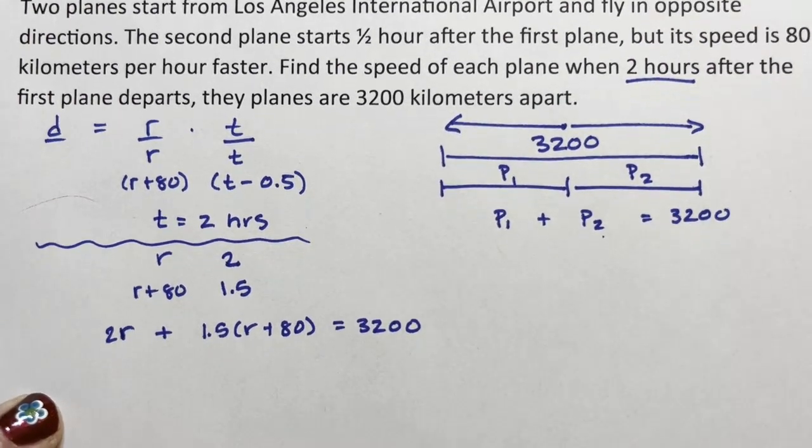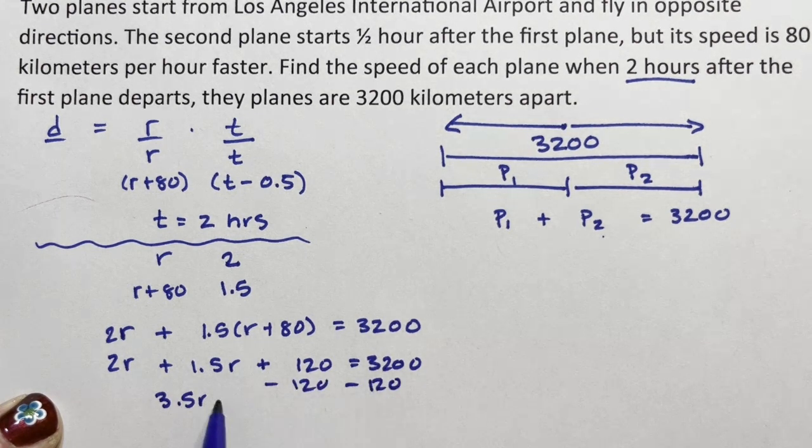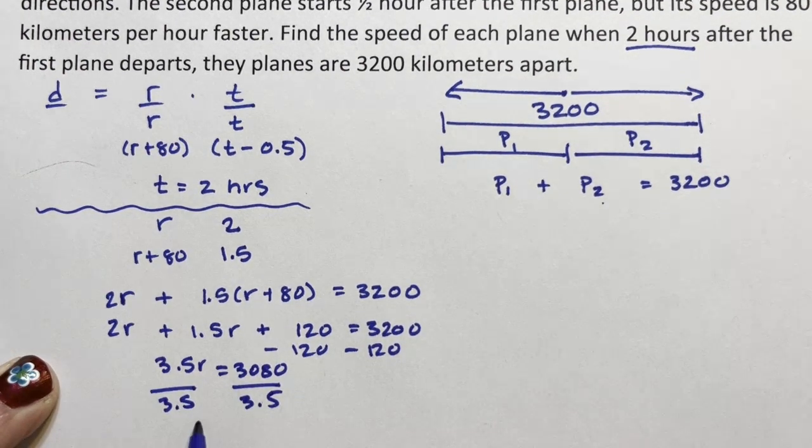All right, so 2r plus 1.5r plus 120 equals 3,200. 3.5r, I'm going to subtract this 120 over. 3.5r equals 3,080. Divide by 3.5. And r is equal to 880.